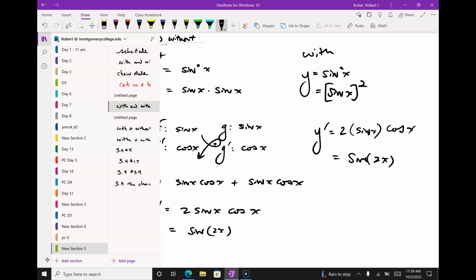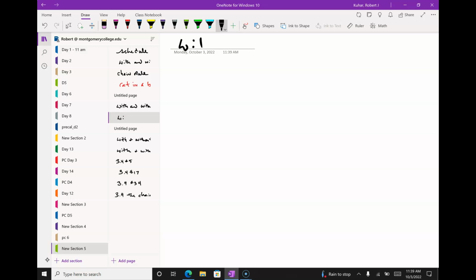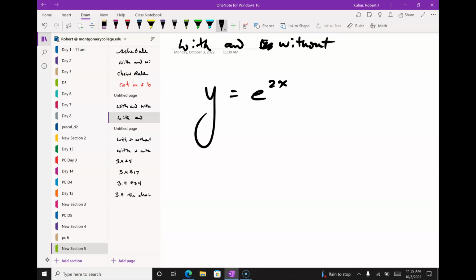Yes, we ready? So y equals e to the 2x. So this one, let's do with first. Let's do with the chain rule. So my outside function is e to the x. Derivative is e to the x.